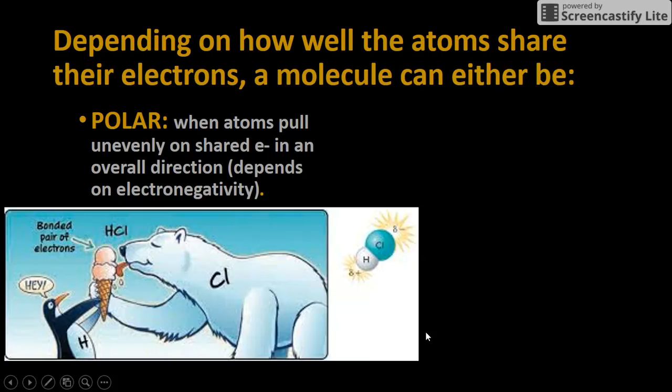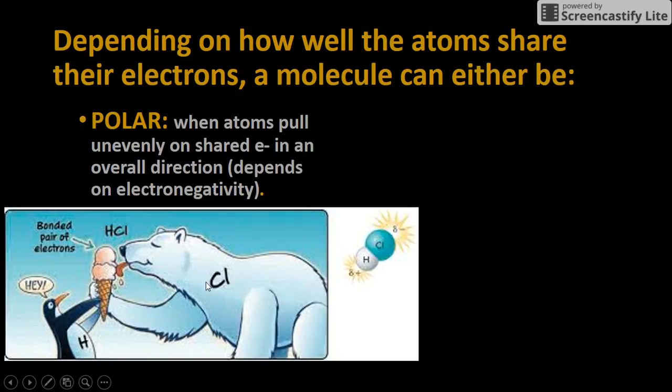So these bonds that they make can be polar, which is when atoms pull unevenly on shared electrons in an overall direction, and it depends on the electronegativity of the atoms. So here's an example of chlorine and hydrogen forming a bond, the bond represented by these two scoops of ice cream, the two electrons in that bond.